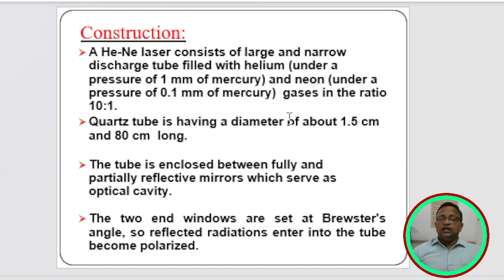Here the helium and neon gas mixture is taken in the ratio 10:1. The quartz tube has a diameter of around 1.5 centimeters and a length of 80 centimeters in the helium neon laser.